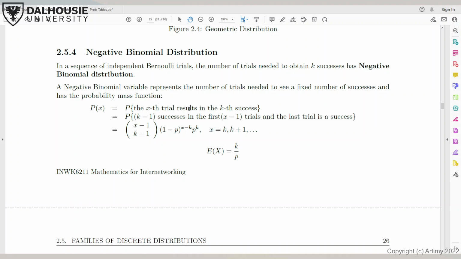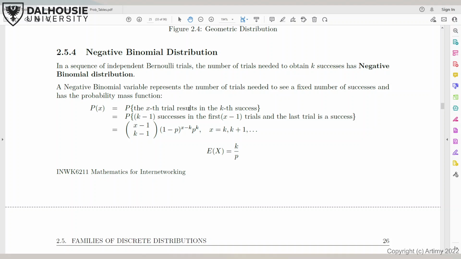Why? Well, I cannot have 12 successes in one trial. I cannot have 12 successes in two trials. So the trials have to be at least 12 and then up, right? I could be lucky and test 12 components and find 12 components in 12 trials. That will be luck, right? Good luck. But so X starts from k and above.